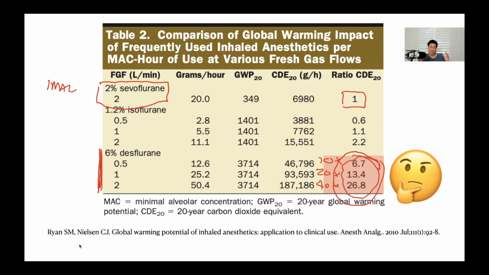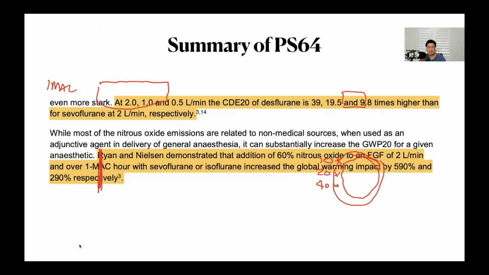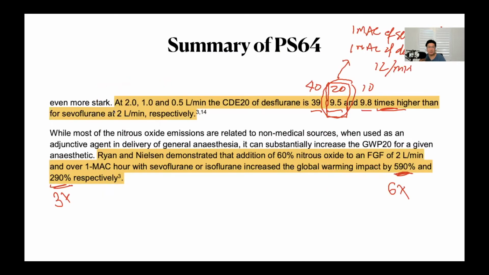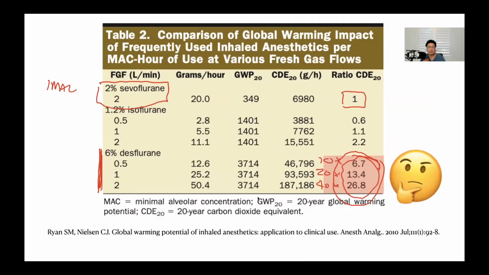And this bugged me. I was going, why is it that PS 64 has this statement, referencing number 3, the Ryan and Nielsen article, yet the numbers here are not consistent with this table?